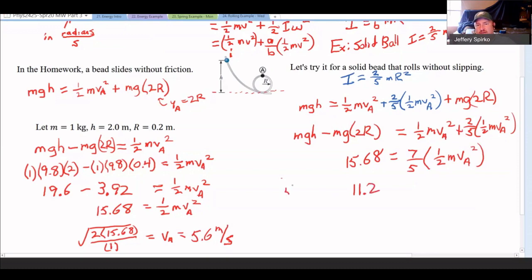So 5/7 of 15.68 equals 11.2, and that is our 1/2 mv sub a squared. So now our v sub a is equal to the square root of 2 times 11.2 over 1.